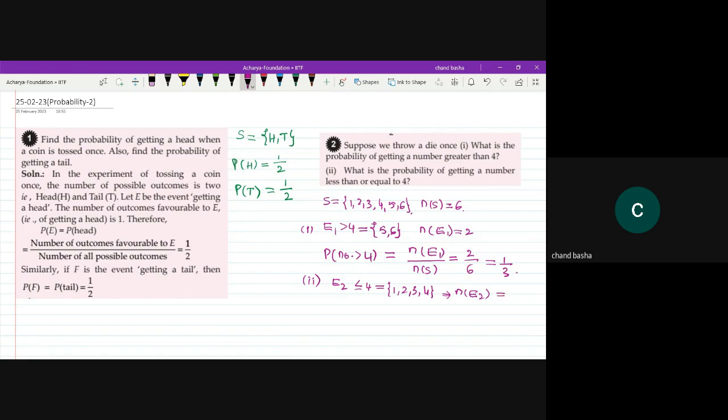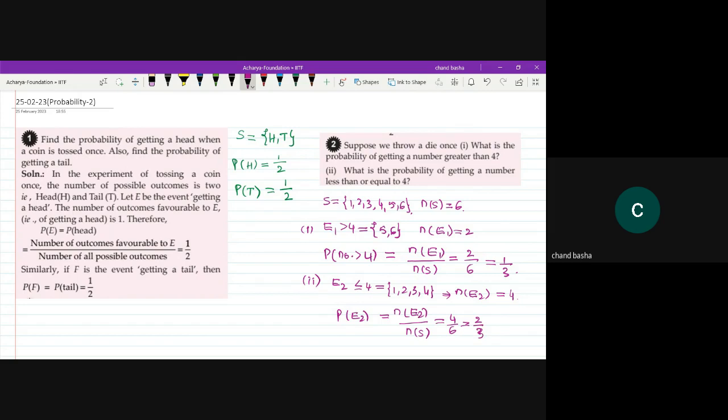The number of elements are 4. Now probability of getting an event E2 is equal to n(E2) divided by n(S). As I said, it is 4 divided by 6. Your answer is 2 divided by 3. It is absolutely correct. 1 by 3, 2 by 3 is correct.